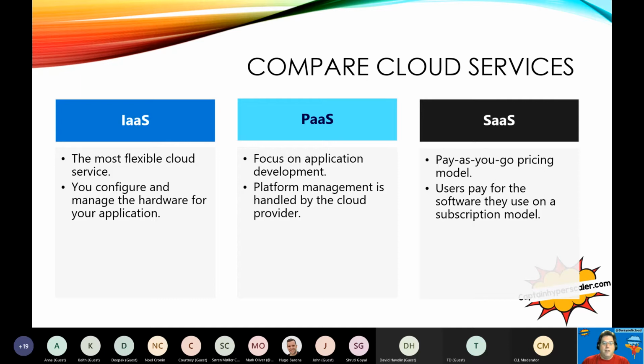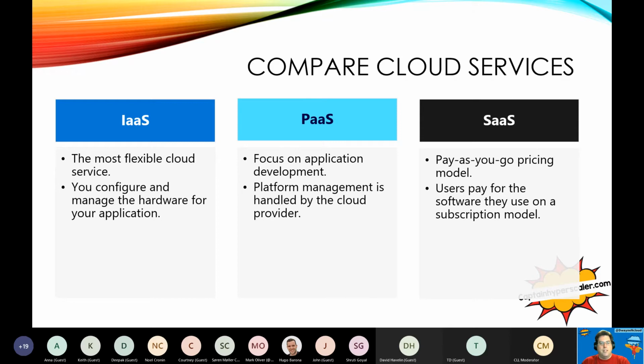So here's a quick comparison of the three. Infrastructure as a service, you have the highest level of ability and control over that environment. You configure all the hardware for your application. So you have the most flexibility in what you can do there, because you can still get into the operating system if you have to make tweaks to it.